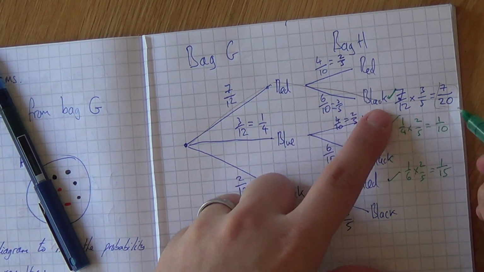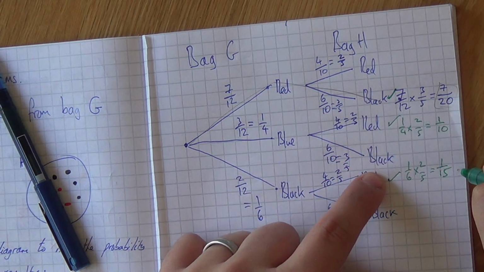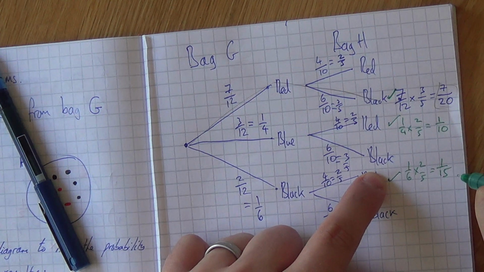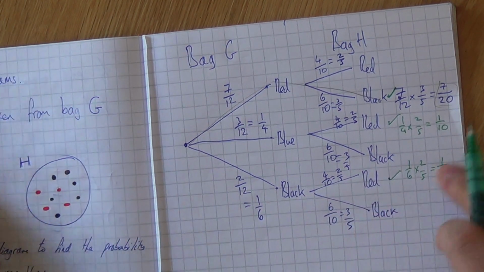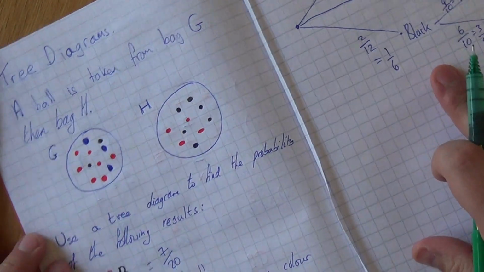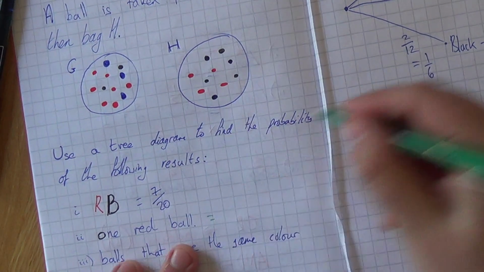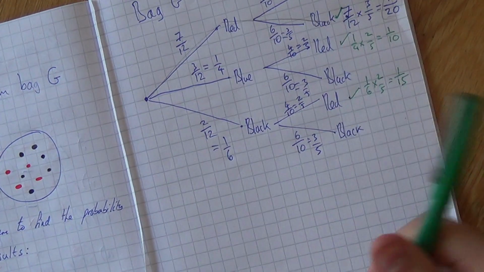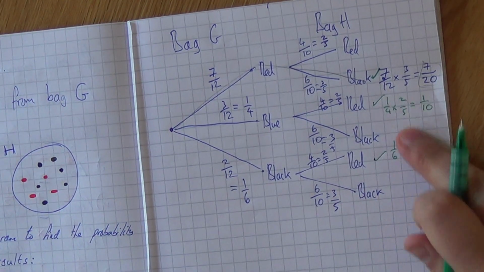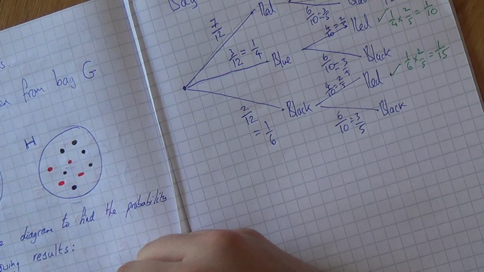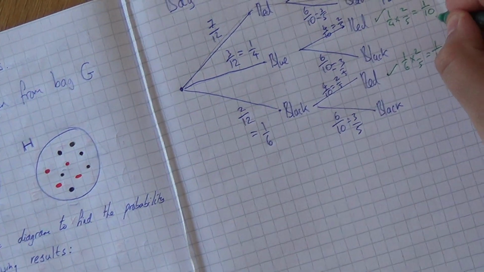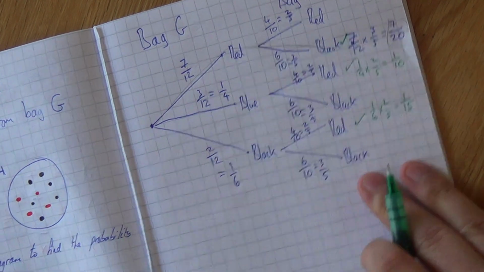But we could have this option, or this option, or this option. And you did the OR rule in the previous video, so we know that OR is addition. So that means that this over here is these 3 added together. So that is 7/20 plus 1/10 plus 1/15.